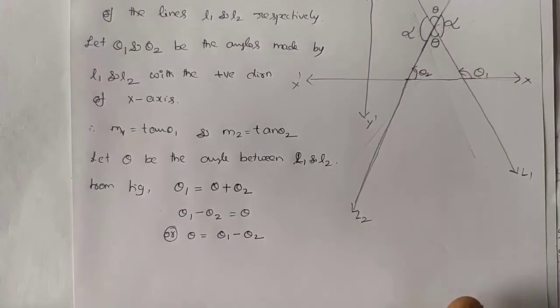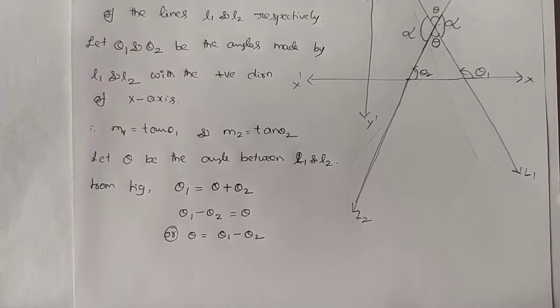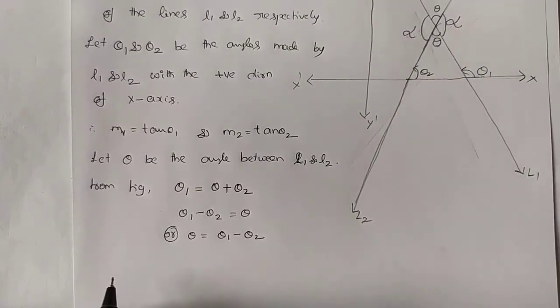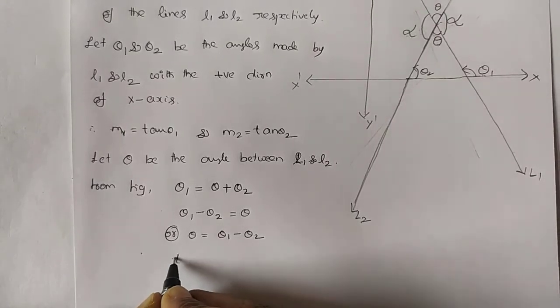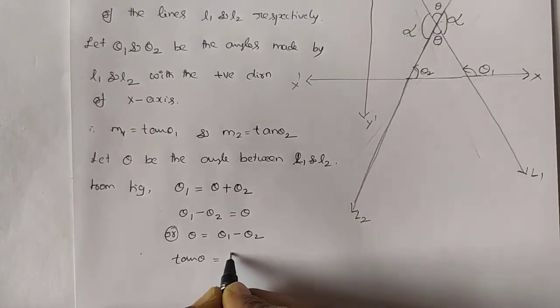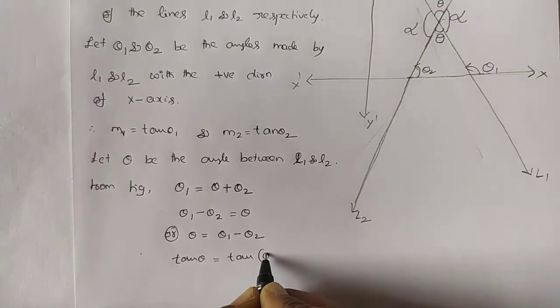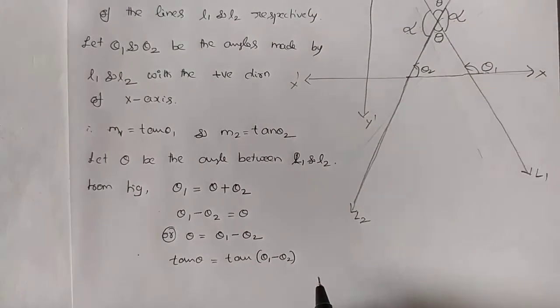Okay, next we have to find the angle, so apply tan on both sides. Then tan theta equals tan of theta 1 minus theta 2.